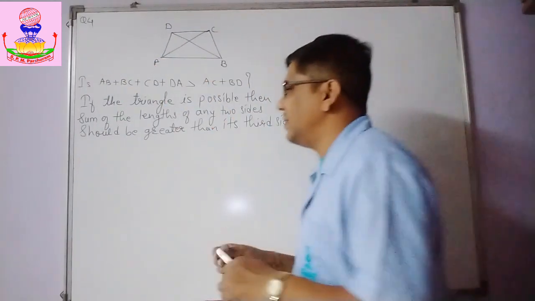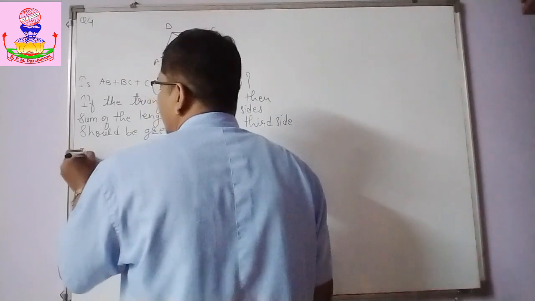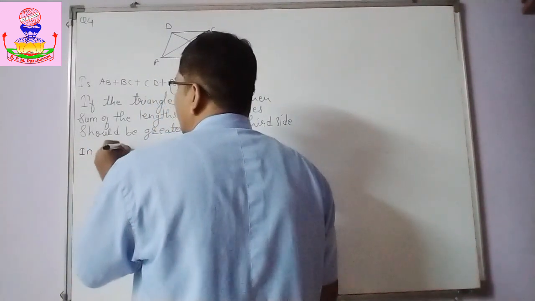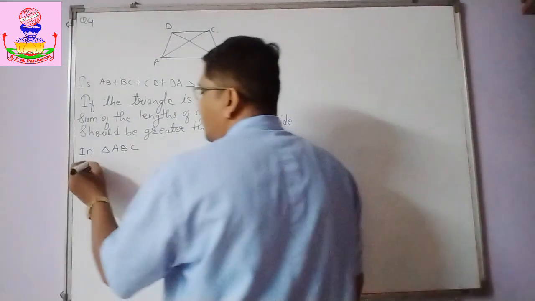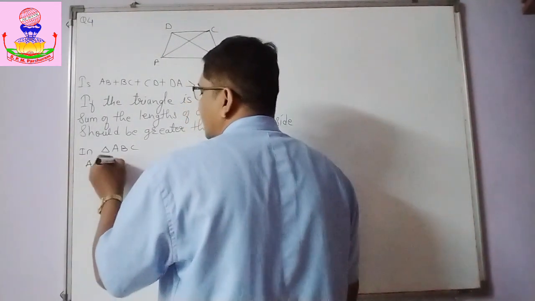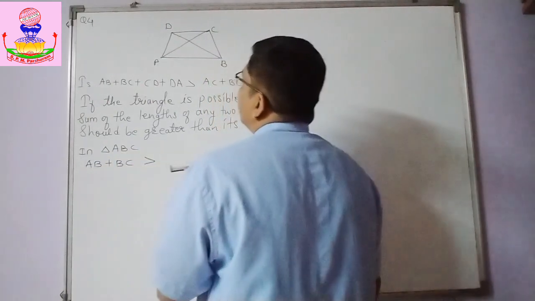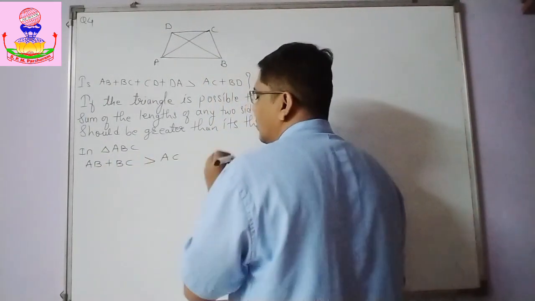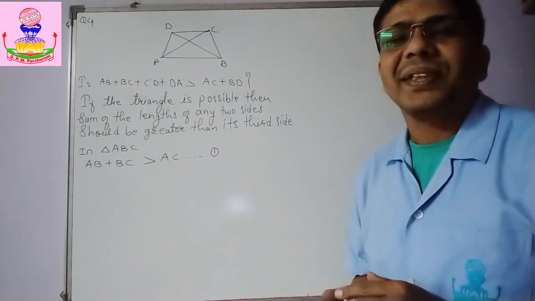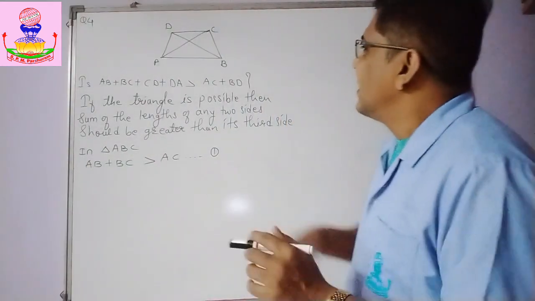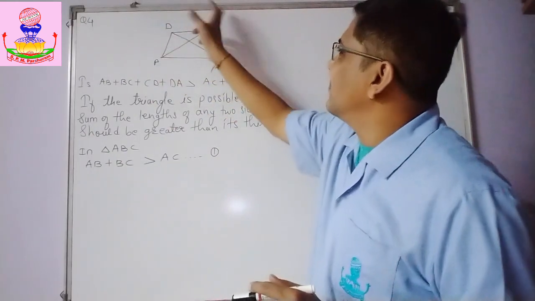So, in triangle ABC, what you will get? AB plus BC is greater than AC. Okay, this is the first step. Then come to triangle ADC.